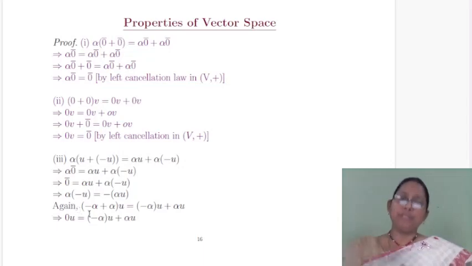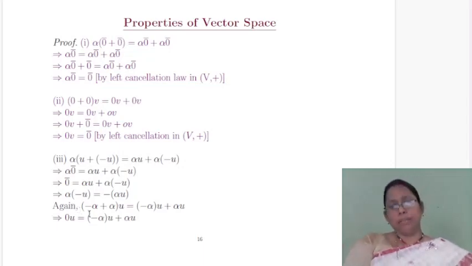Again, to prove one side of the statement, I'm taking minus alpha plus alpha u, that can be equal to, by right distributive, minus alpha u plus alpha u. This implies minus alpha plus alpha is equal to 0, the scalar 0, not the vector 0.